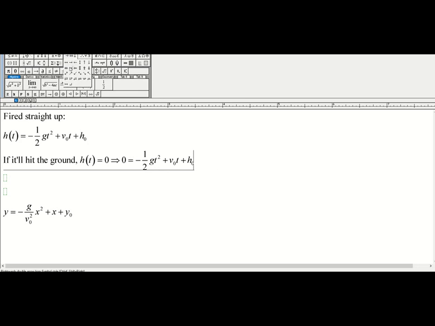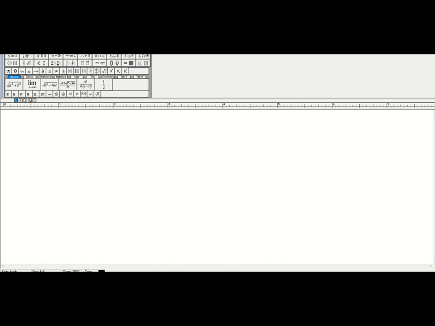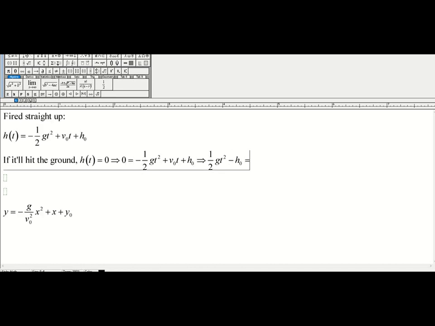Let's move this to the other side of the equation, right? So move this and move this. So I'm going to have minus H naught equals this V naught T, right?